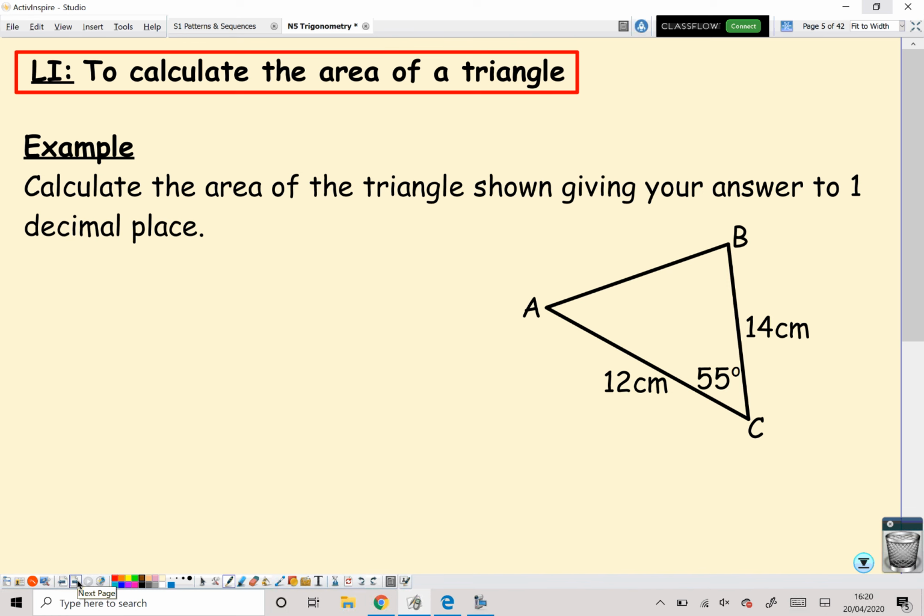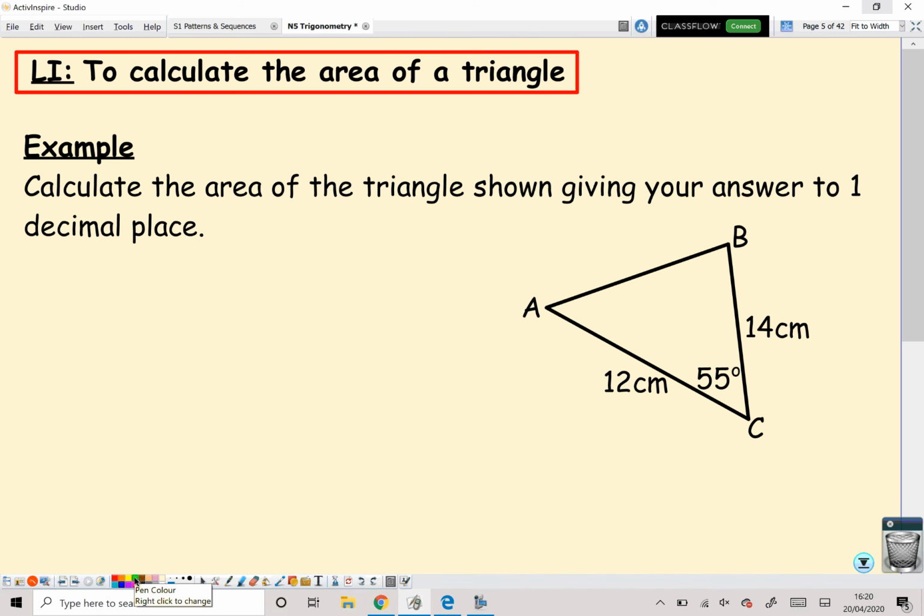So calculate the area of this triangle that's shown, giving your answer to 1 decimal place. Right, so have we got the required information? It's always a useful question to ask yourself at the start of all of this. It's also good if the triangle's been labelled up A, B and C, let's label up the sides as well.